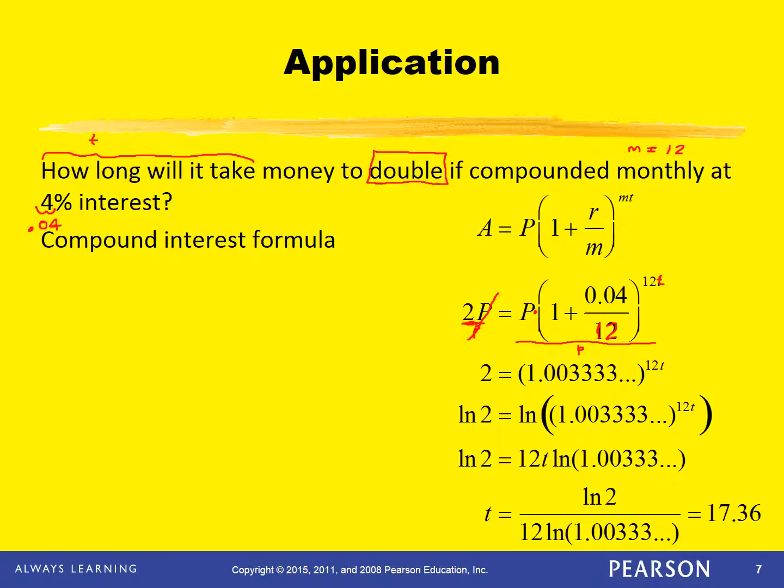Now, this number, let's just look at the inside. 1 plus 0.04 over 12. And so 4 is, of course, a third of 12.